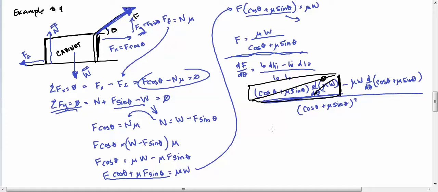Okay, so I have negative mu w times the negative sine of theta, because that's what the derivative of cosine of theta is, plus mu times the cosine of theta, all divided by all that junk on the bottom.